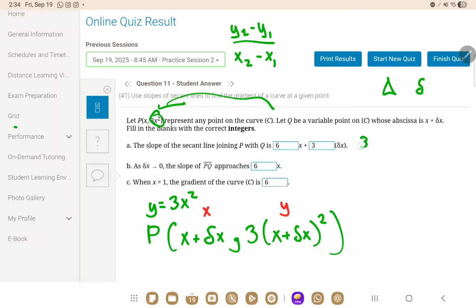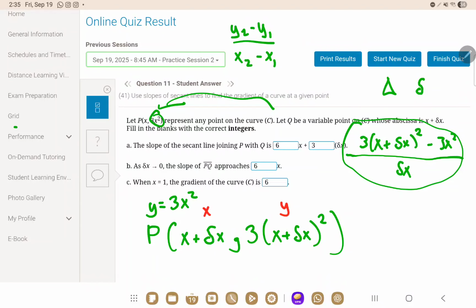So it's 3 times (x plus delta x) squared minus 3x squared, over x plus delta x minus x. So the denominator is just going to be delta x. So this is our slope.